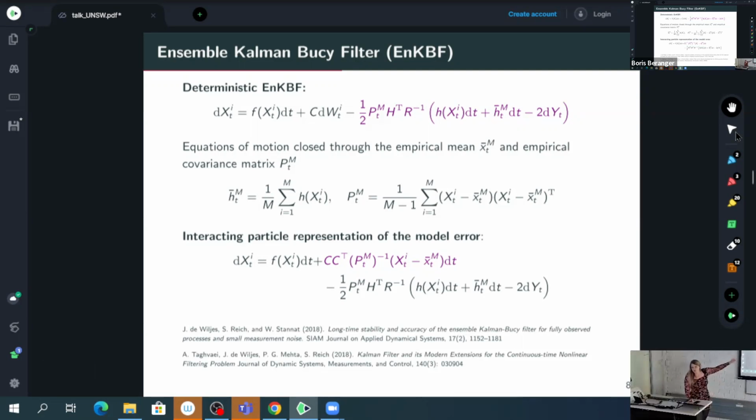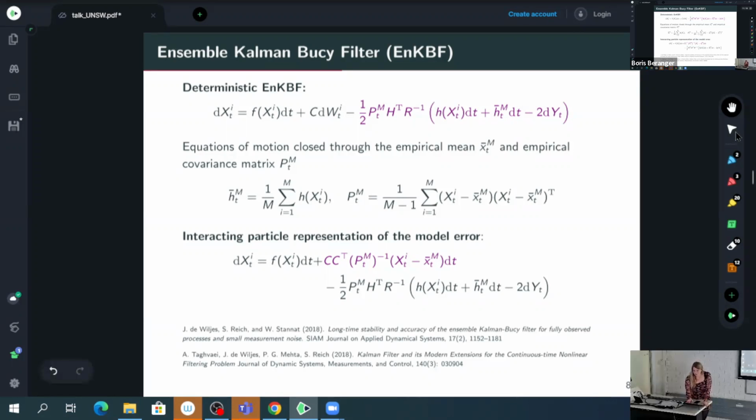So as soon as you show something for this continuous version, you're covering a lot of ground on the level of the discrete filters. There are a lot of details I'm going to jump over today, but if you're interested in what the exact things were, please don't hesitate to contact me.